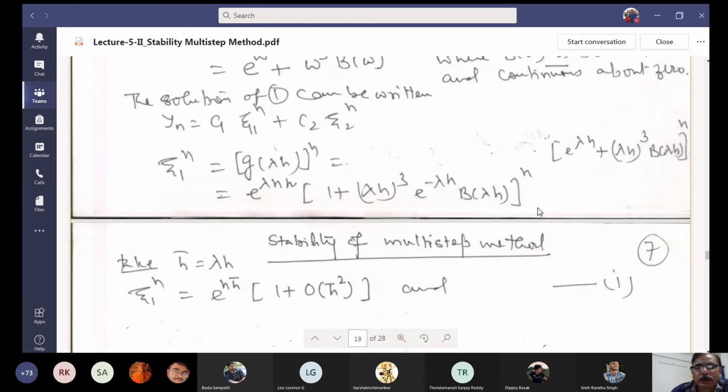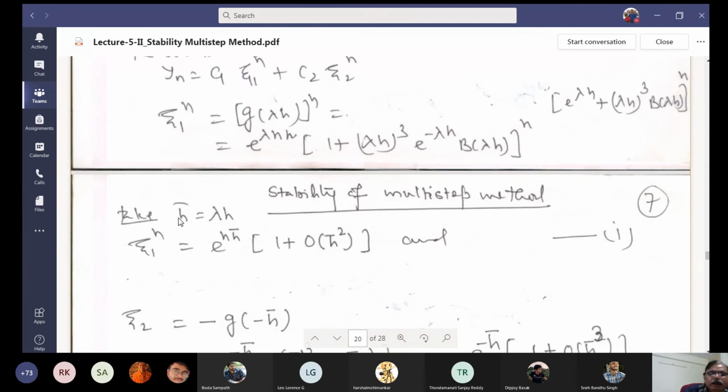Yes, sir. So again, I have just taken h bar as lambda h. The same notation is used in your book also. You can use that. So we may write xi1 to power n as e to power lambda n h, or n h bar, inside the bracket 1 plus capital order h square.